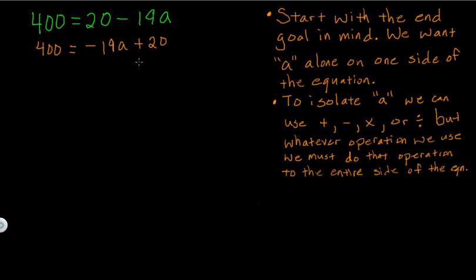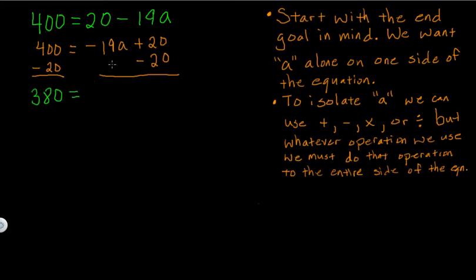So if we were to subtract 20 from both sides, it would look like this. So we can subtract 20 here, and we can subtract 20 from here. This is solving it vertically. And doing so gives us the following. So on the left, we have 400 minus 20. That gives us 380.